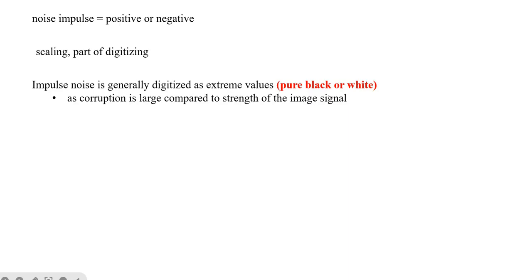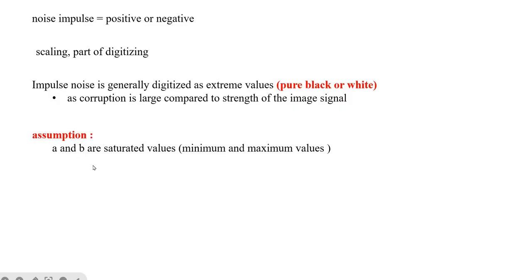That is, it may be pure black or pure white. Because of this, the usual assumption is that a and b are saturated values, in the sense that they are equal to the minimum and maximum values allowed in the digitized image.